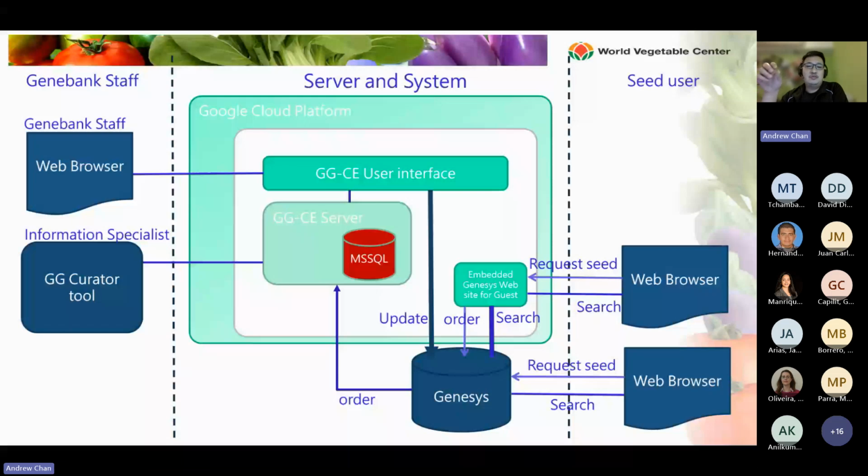And that is super complicated and difficult to learn. And I cannot imagine how I could train our staff in Taiwan to use this system. But in the end, when we changed the system, we had another option, GGCE, that was very lucky. So we did not use the GRIN-Global USDA version before, we directly used GGCE.